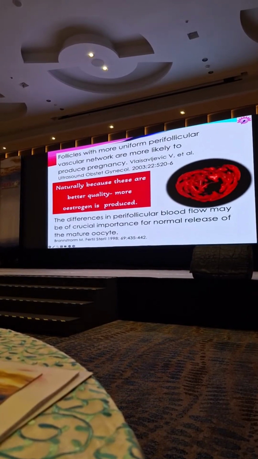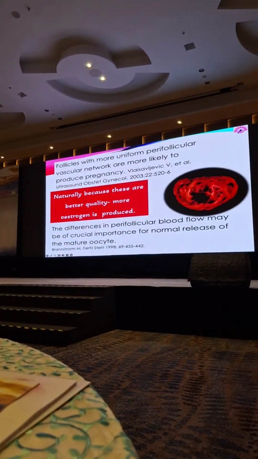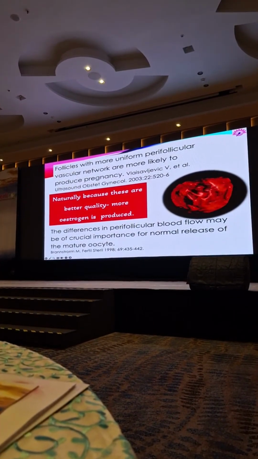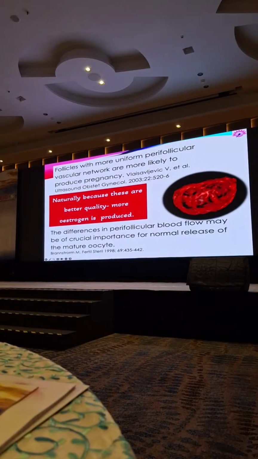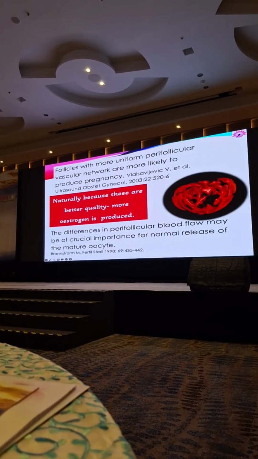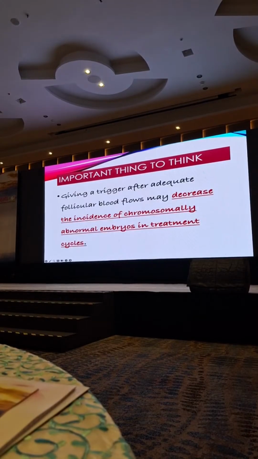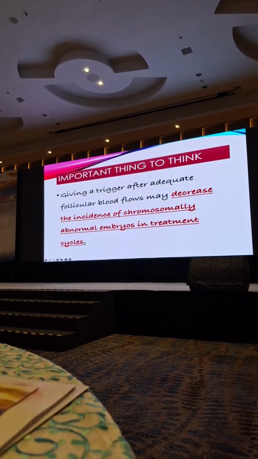That part is deprived of blood supply to prevent unnecessary hemorrhage and also to facilitate the rupture. So those are the signs which tell us, yes, this follicle appears good in quality, and therefore it demands a trigger if it is a gonadotrophin cycle. For the natural cycles, you can wait.